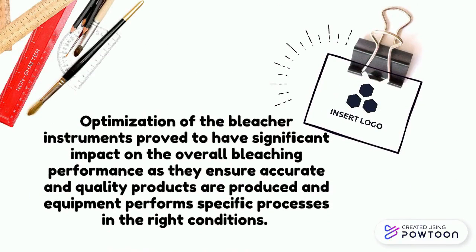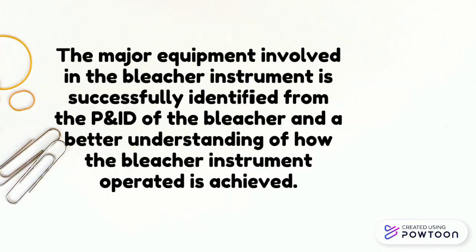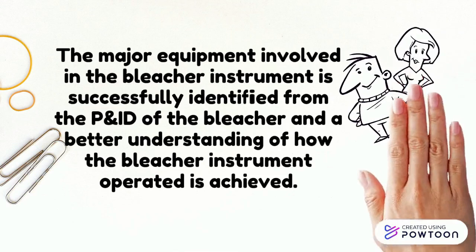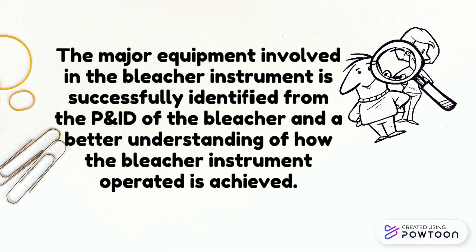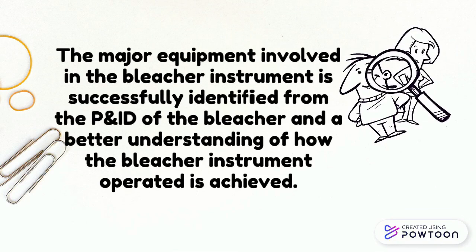Optimization of the bleacher instruments proved to have a significant impact on the overall bleaching performance as they ensure accurate and quality products are produced and equipment performs specific processes in the right conditions. The major equipment involved in the bleacher instrument is successfully identified from the PNID of the bleacher, and a better understanding of how the bleacher instrument operates is achieved.